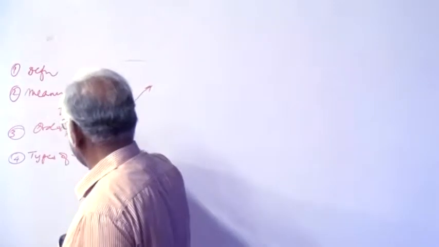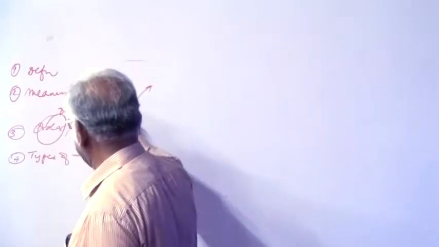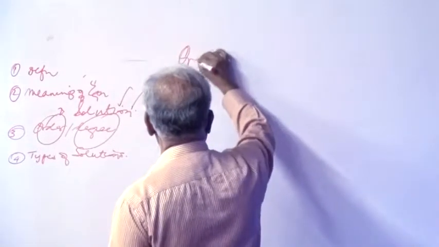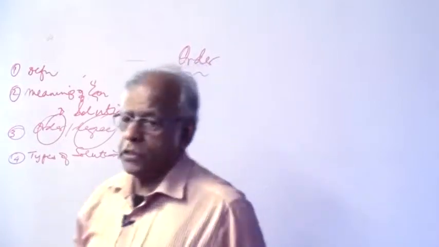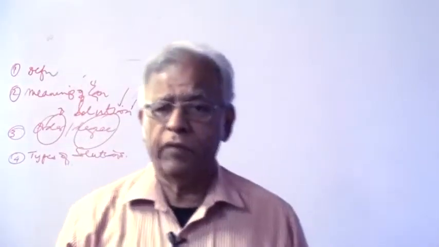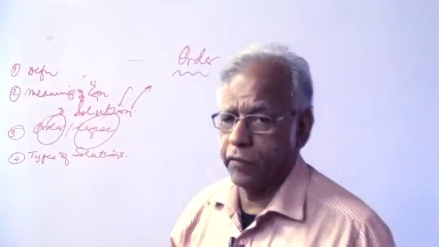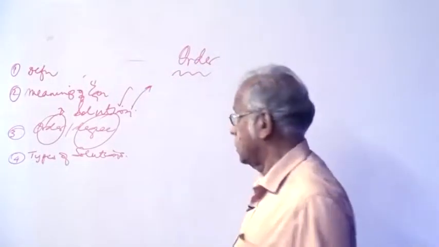Now we come to the order and the degree of a differential equation. First, let us start with order. A differential equation is expected to have derivatives of different orders, the first, second, third, and so on, nth order also.